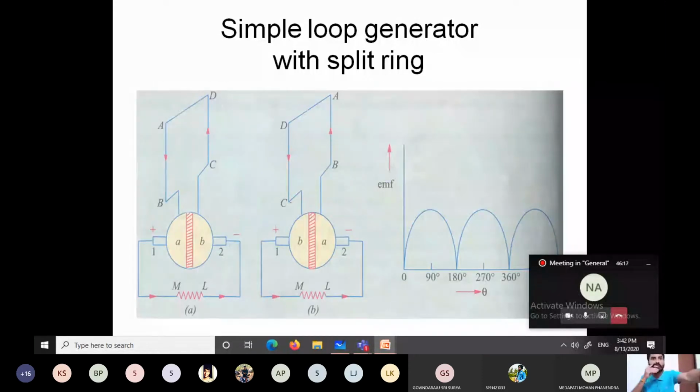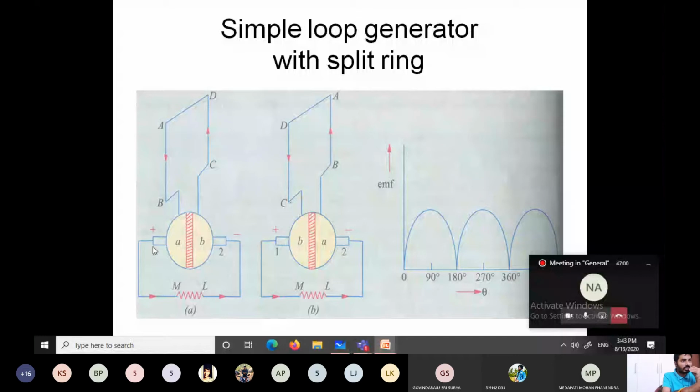Now see this particular figure, two cases. The coil is having a current. In the first figure A, the coil is indicated with sides A, B, C, D. In case A, the coil current direction is from C to D, then D to A, and A to B. Note down the coil current direction.